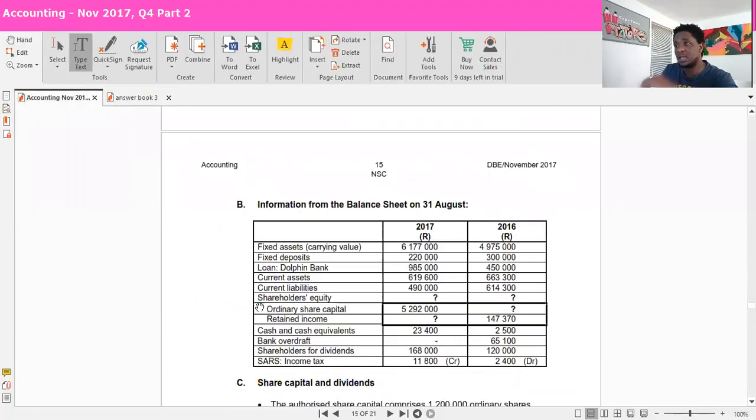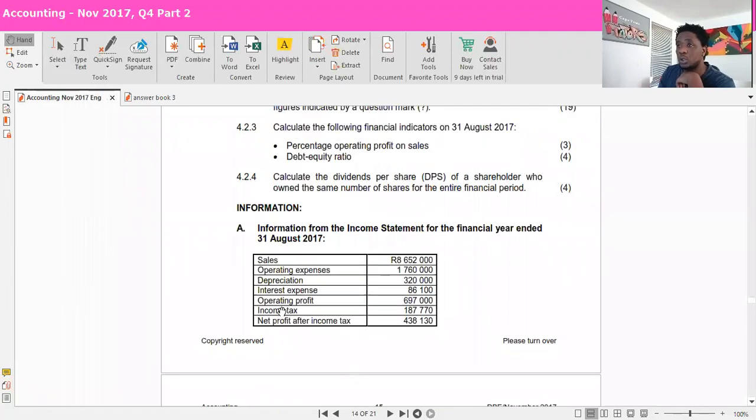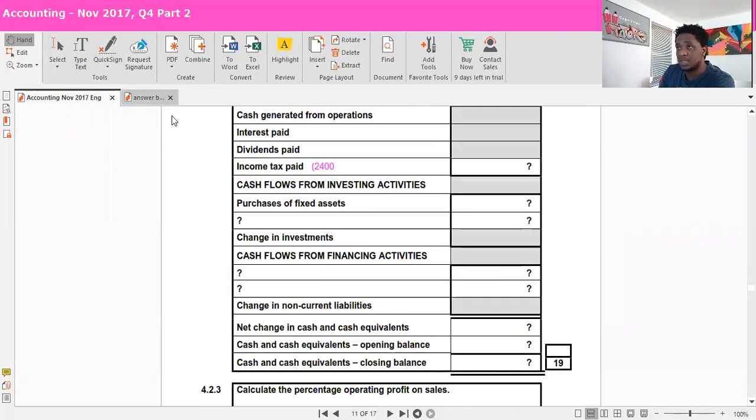And then the next thing I'll go into is what is the charge for this year. The charge for this year is 187,770, and then I'll subtract the whole amount because that's what we charged for the year.